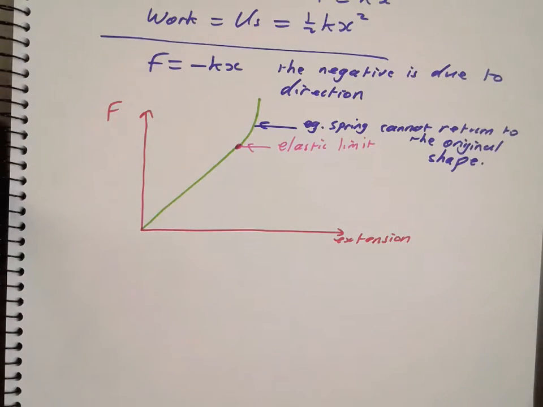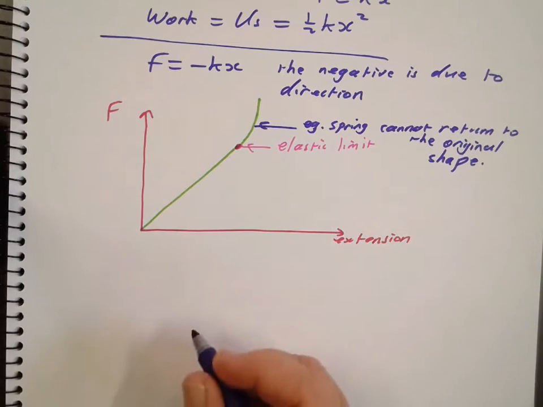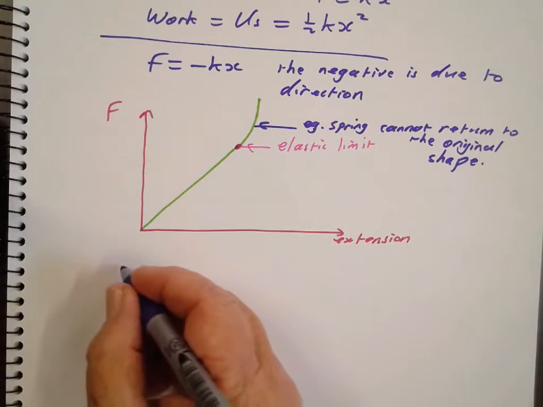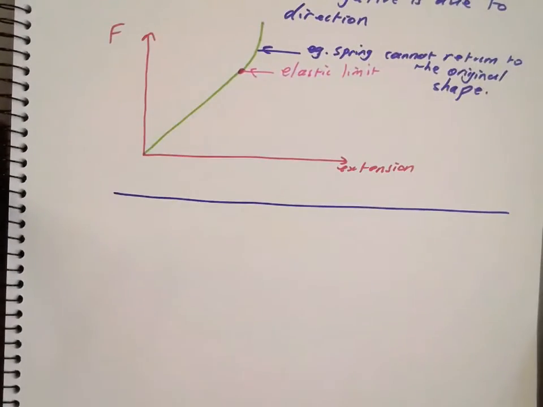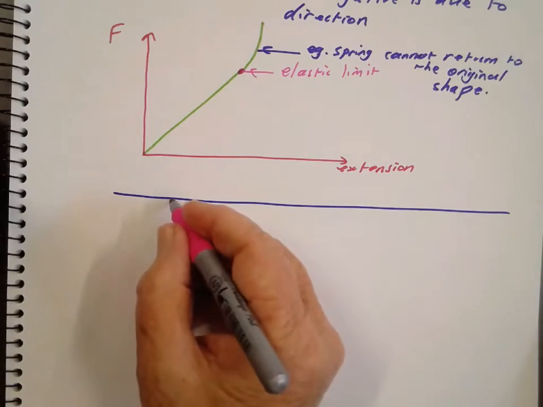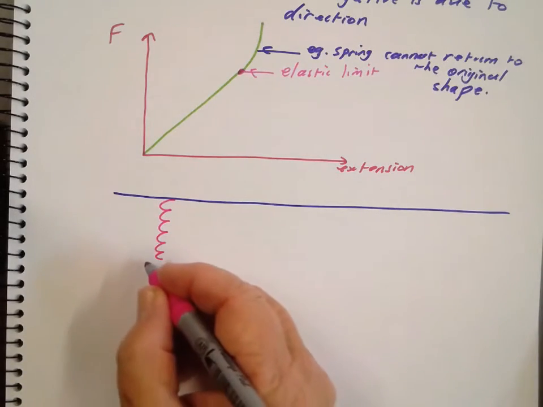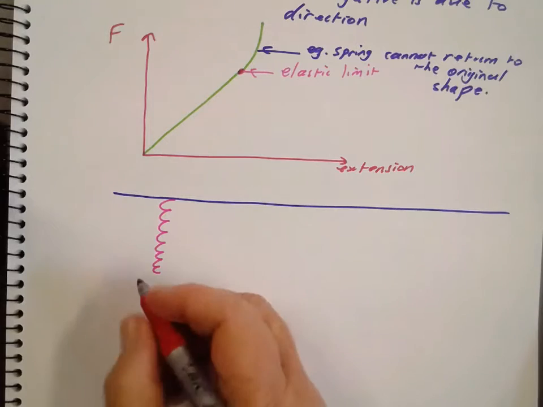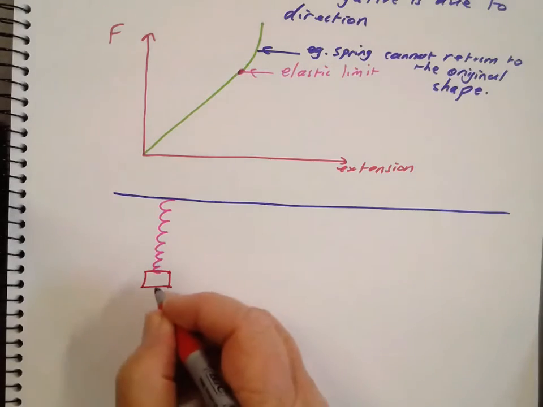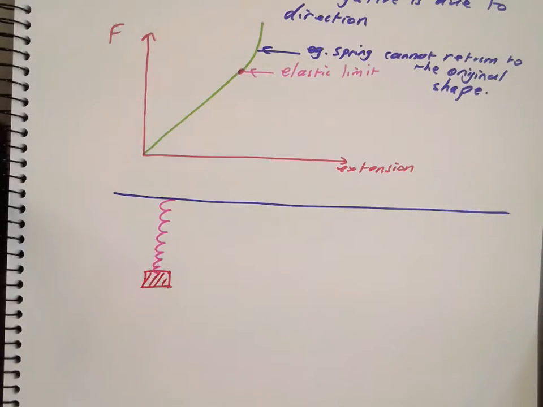Just mention it maybe here, but if we're hanging, we'll pretend there's a nice solid barrier across the top. If we're hanging a spring from a barrier and we've got a mass stuck to the spring, and it's just sitting there, we know that there's spring potential energy involved.